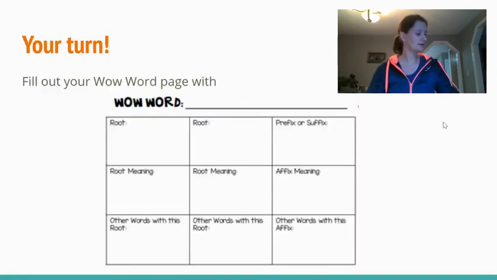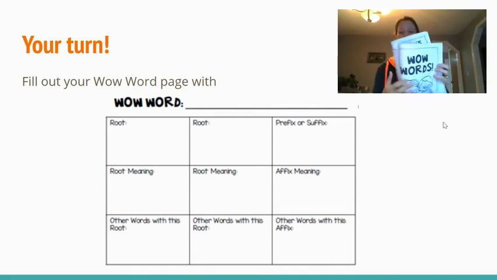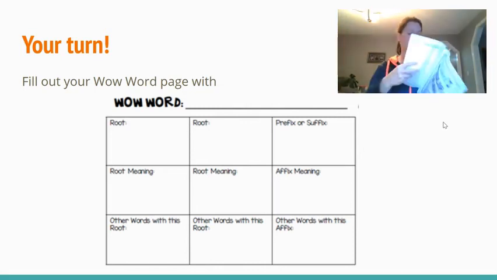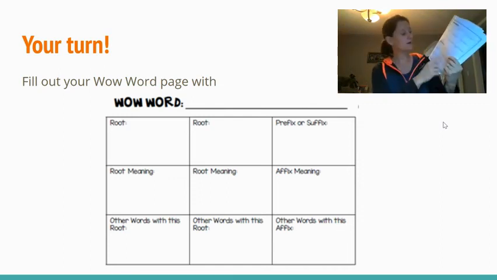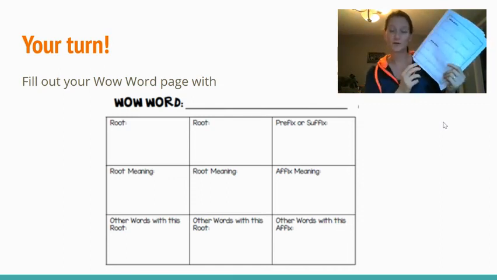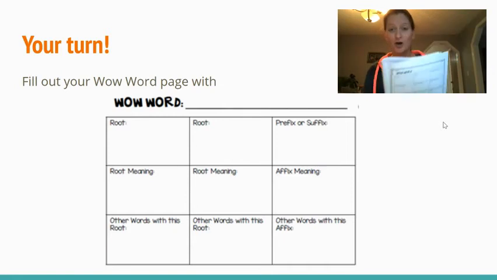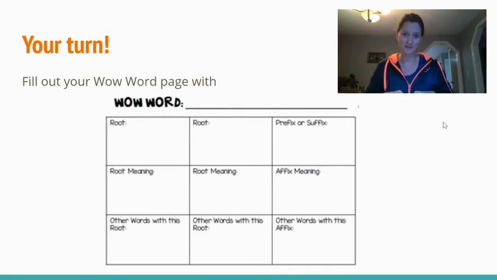So what I want you to think about in your vocabulary journal is find the wow words page kind of in the middle, and open it up, and you will see the one that we filled out last week for telescope. And we are today going to fill out the wow word page again for our word biography, which remember is to write about somebody's life.